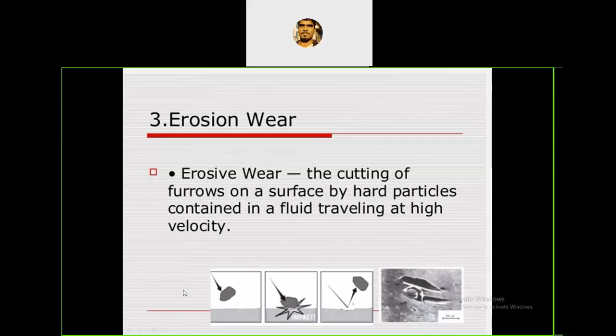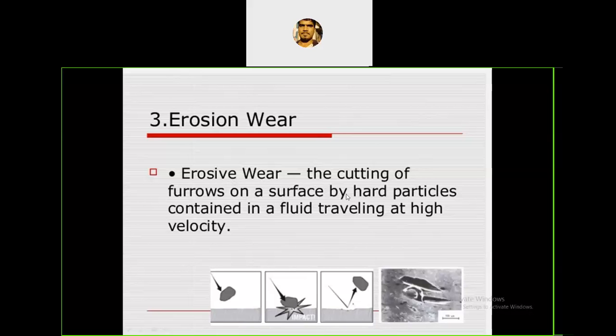You can see here the foreign particles along with the fluid, moving with the same velocity as the fluid, and hitting any one surface. Because of that hitting with a high velocity, it creates scratches or indentation on the surface, and this type of wear is called erosion wear.